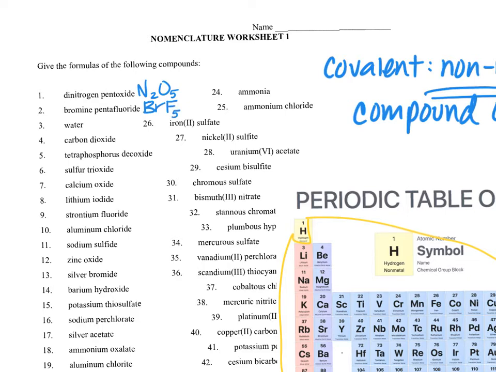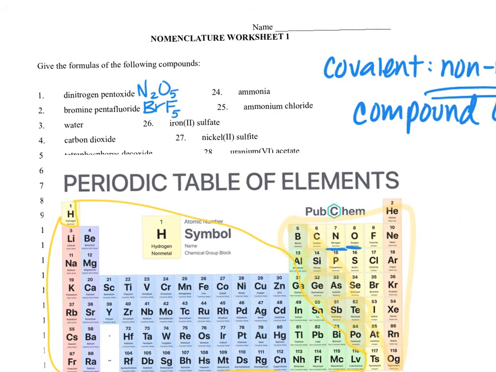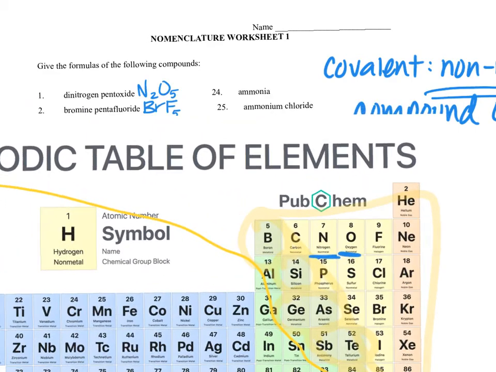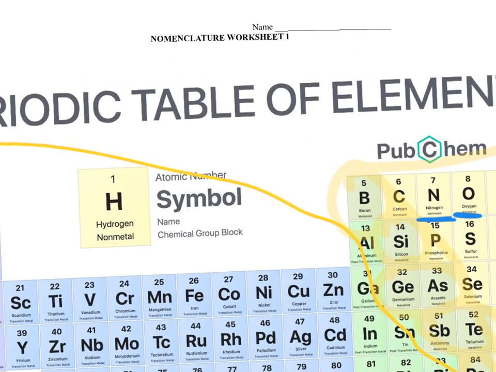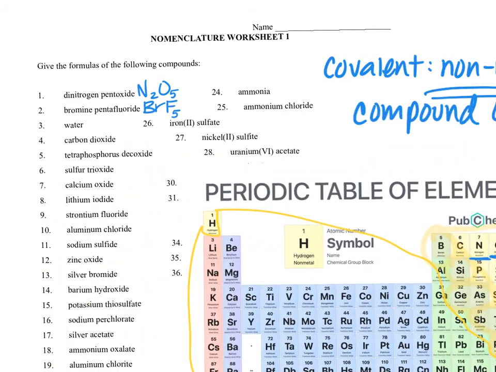If you are unfamiliar with the symbols and their names, if I blow this up, you'll see that for bromine the name is underneath the symbol. So if you weren't familiar with the atomic symbol for bromine, you could just look on the periodic table, and then the F for fluorine. It's a really good idea to have the periodic table next to you when you're naming these.